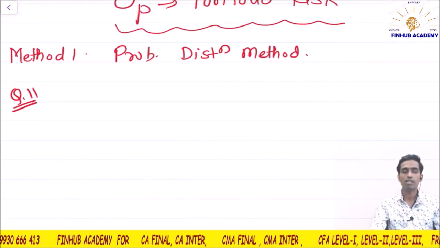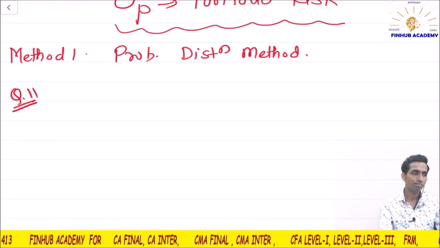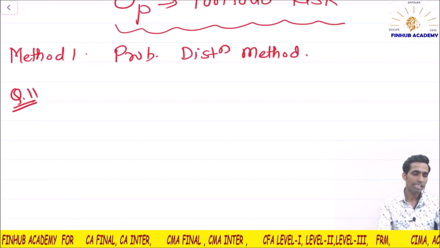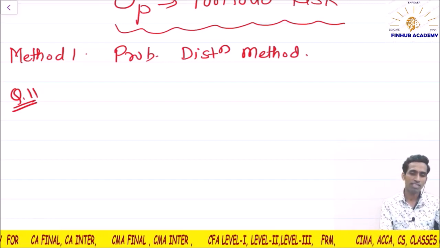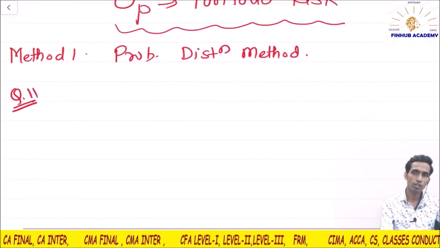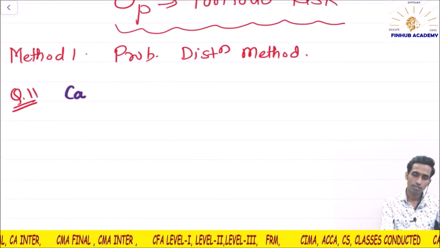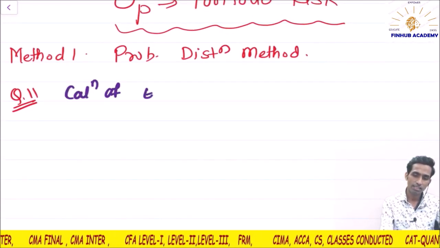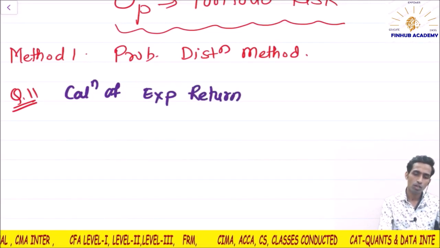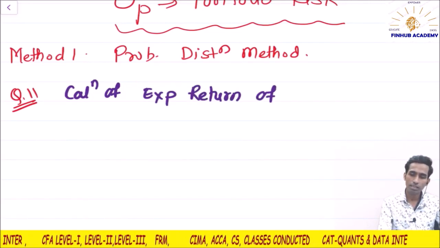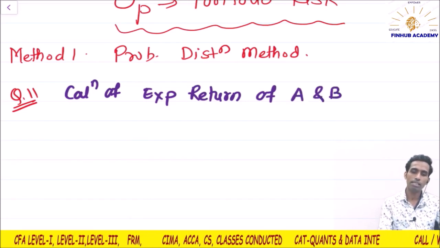So what I will do is write here question number 11, calculation of expected return of A and B. Come on, please start with me.